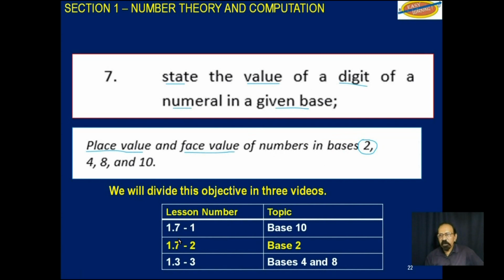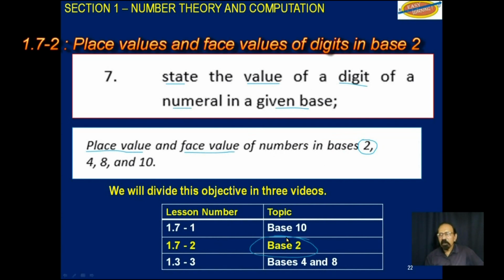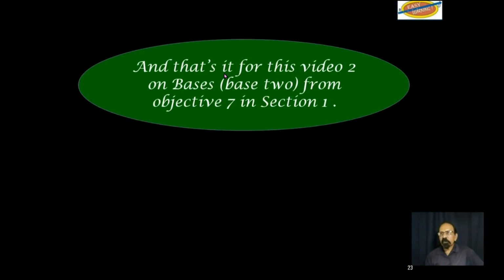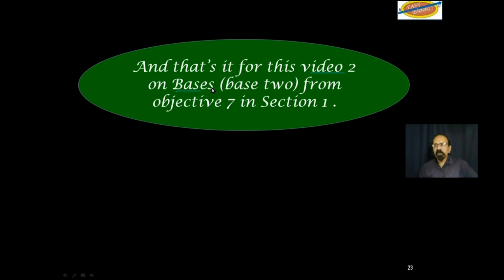So we just did place value and face value of digits in base 2. And that brings us to the end of this video on bases, and we looked at base 2 from objective 7 in section 1.